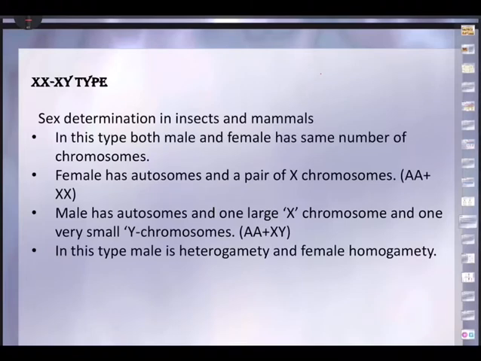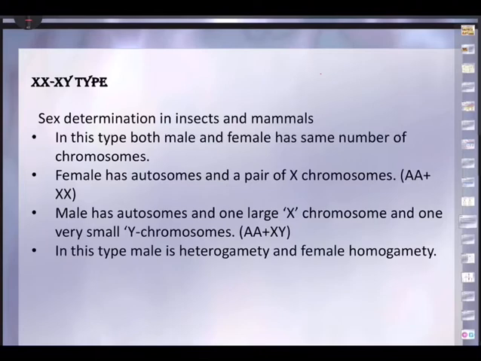In this type, both male and female has the same number of chromosomes. The number of chromosomes will be same. Like if you take our own case, it is 46 chromosomes, right? Or 23 pairs. And in that 23 pairs, 22 pairs are autosomes. That is 44 autosomes.